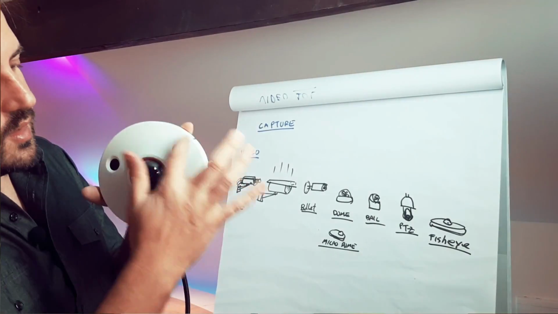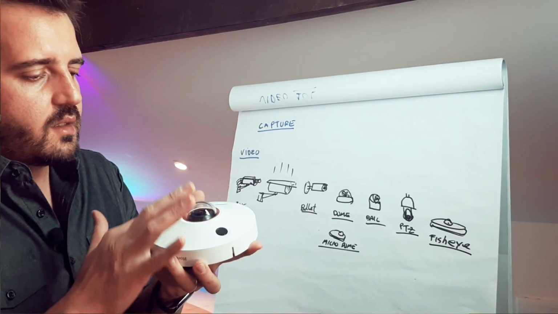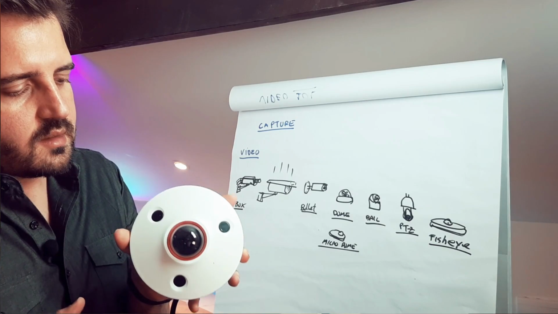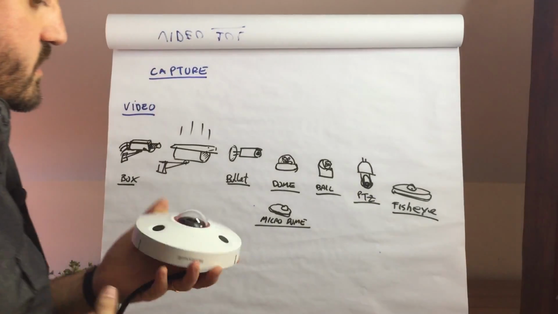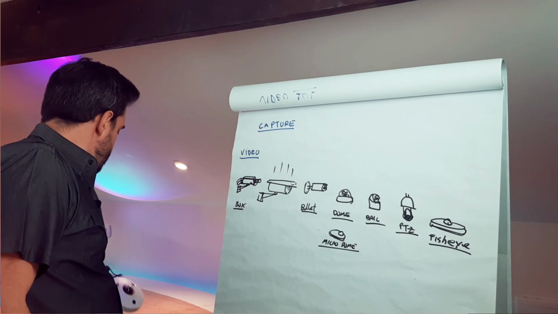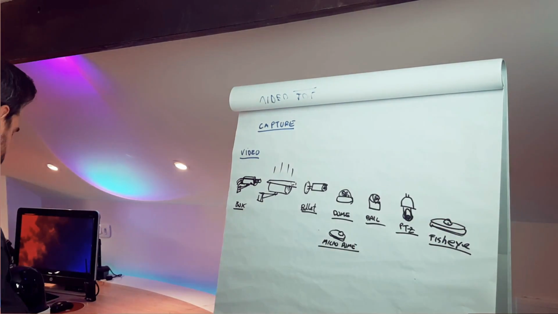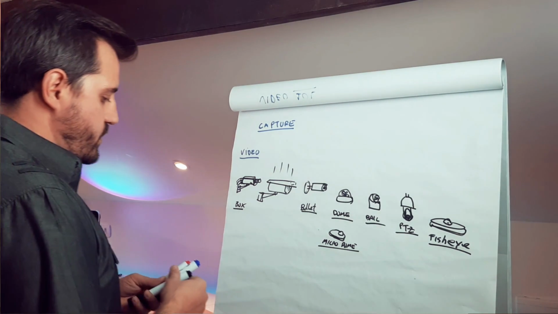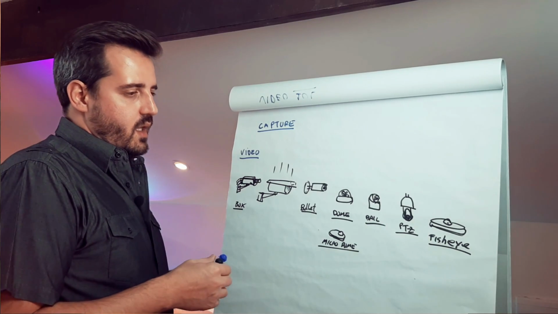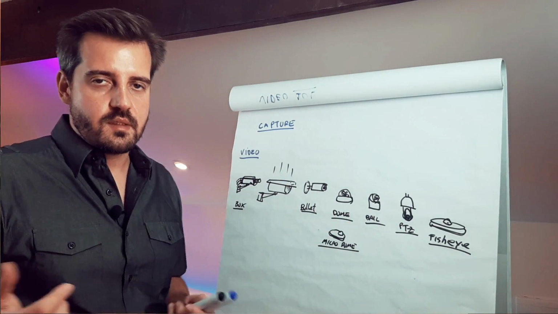We have this round structure, the little dome here, and the lens inside of this dome. With this fisheye camera, we have the 360 degrees view, and depending on the software you have with this camera, you'll be able to dewarp this image and act like a PTZ, an ePTZ, a digital PTZ.